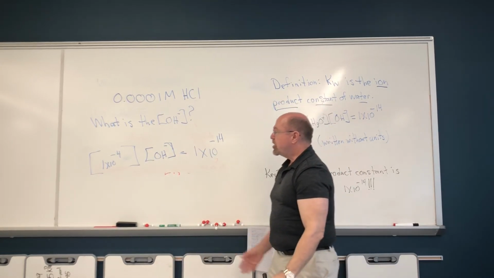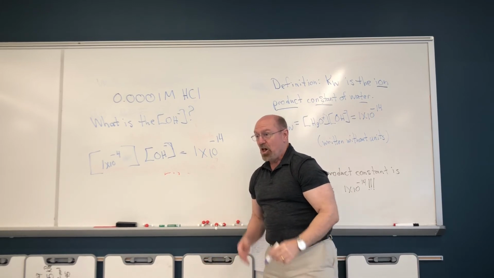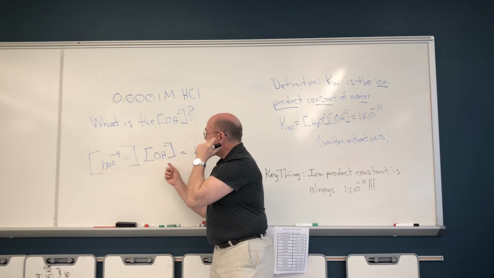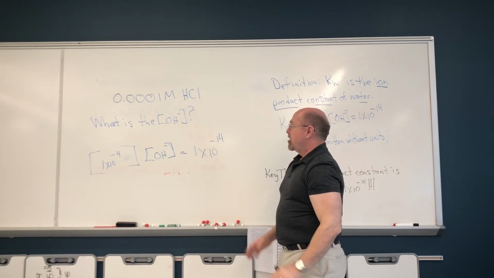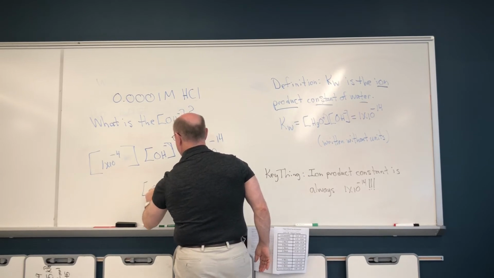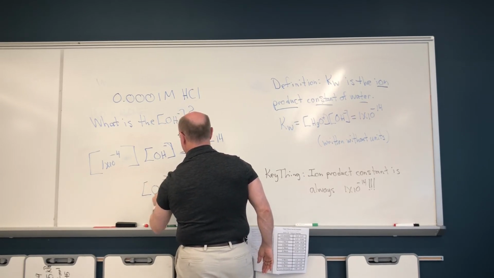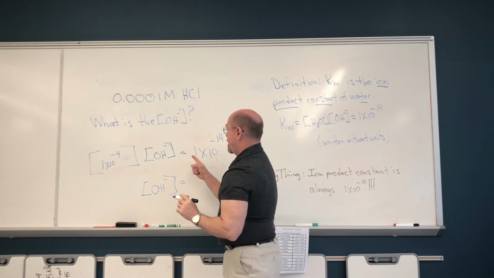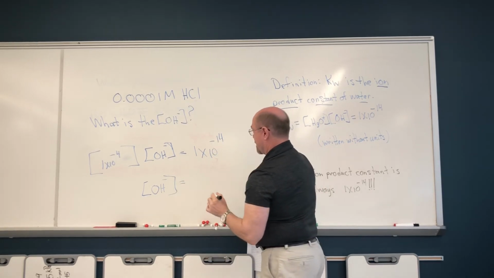So those of you who have actually learned how to work with exponents, you might know that when you multiply 2 things together, you add the exponents. So really when we're solving, this is really easy. Our hydroxide ion concentration is going to be, when you divide them, you subtract them.